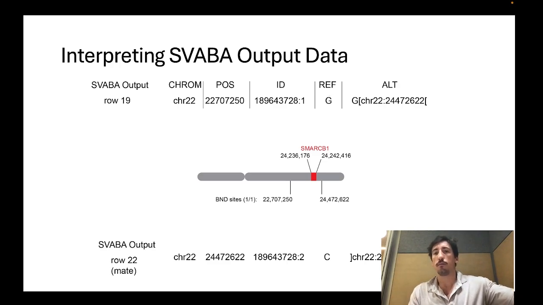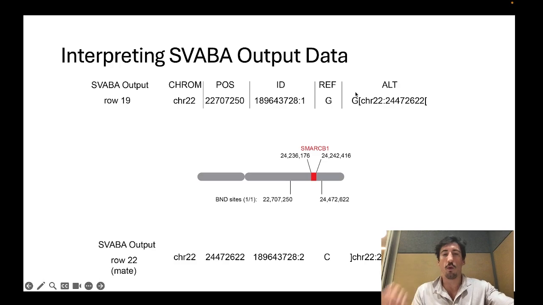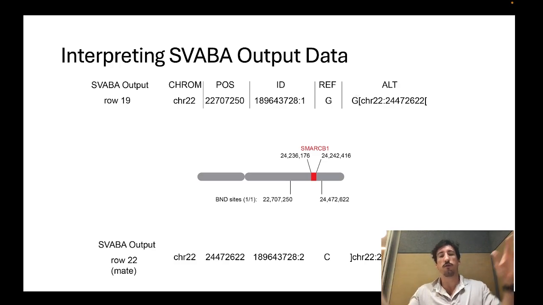Really the important bit here is in this alt column. This is showing where the read alignment was abnormal. SvABA identifies these by seeing which reads are mapping to 2 different regions of the genome.